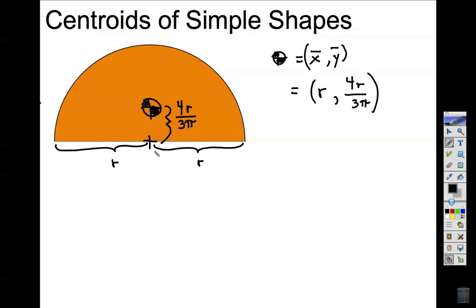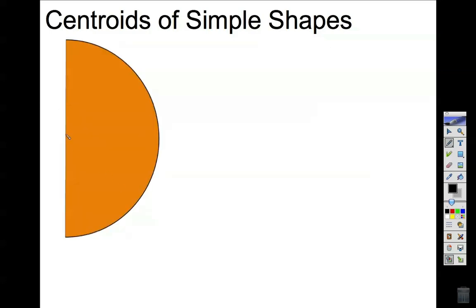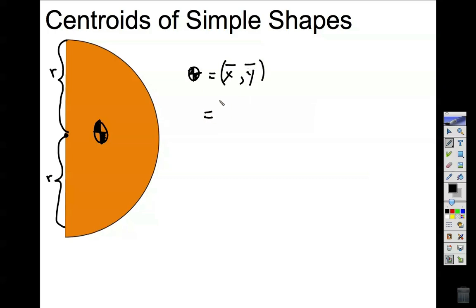Not all the cases are going to have this type of semicircle, but we're also going to have it turned the other way around. If this is the center, and this is the radius, this is now in the y direction, so that means that for this centroid, I'm still using the same numbers or the same formulas.